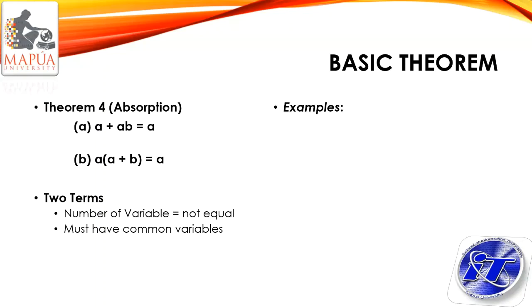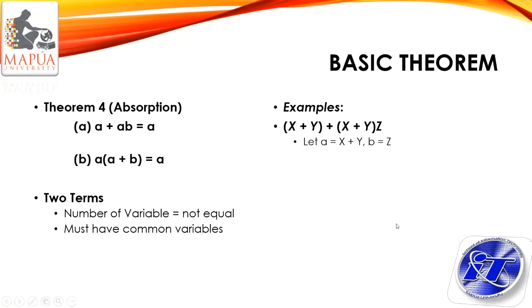So for example, x plus y ORed to x plus y z. By the way, A can represent a variable or a term. So to answer this, let A be equivalent to x plus y and B is equal to z.